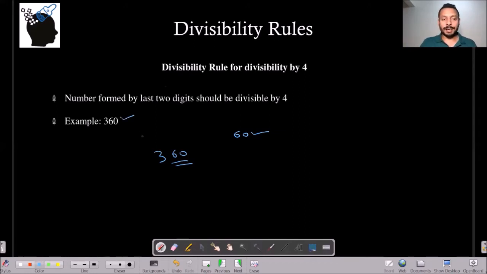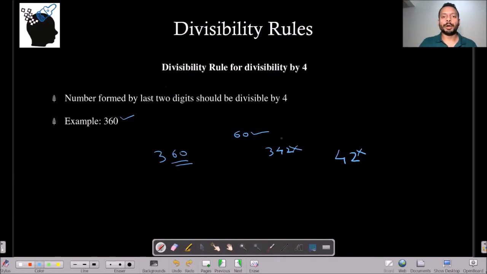Now let's try to understand what we mean by the number formed by the last 2 digits. Let's take another number, 342. We said the number formed by the last 2 digits should be divisible by 4. That means 42 in this case should be divisible by 4, but we know that it is not. That means 342 is not divisible by 4.